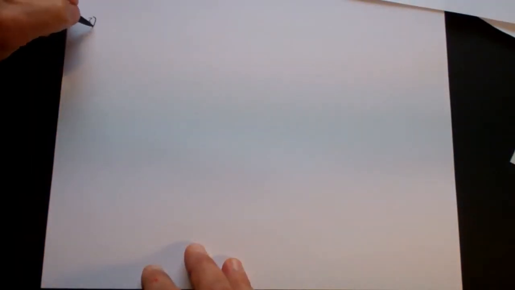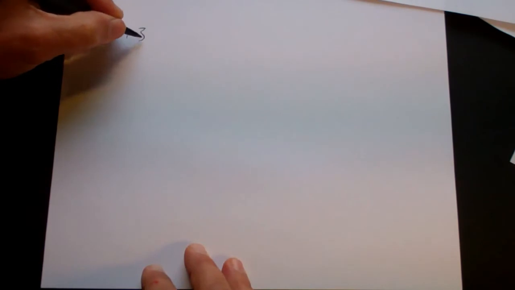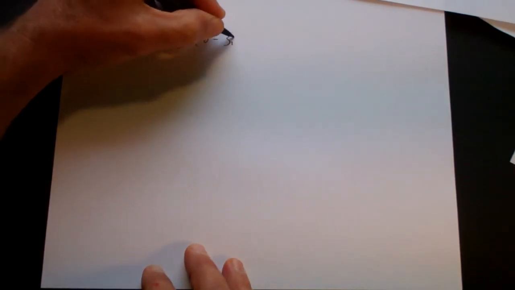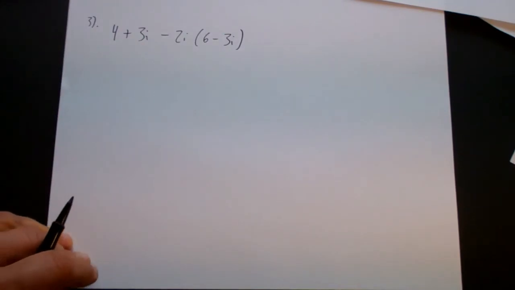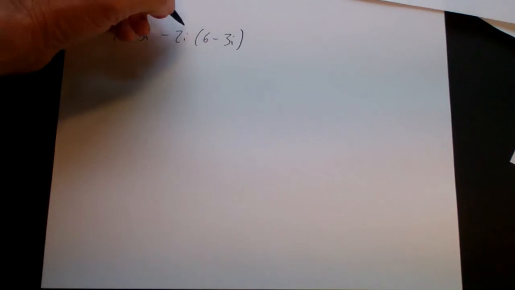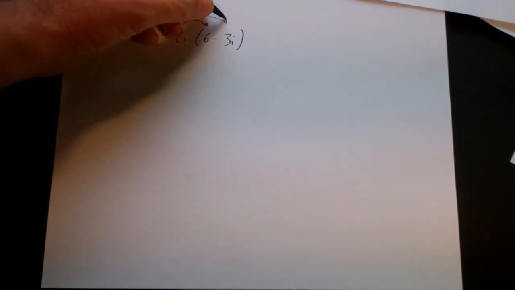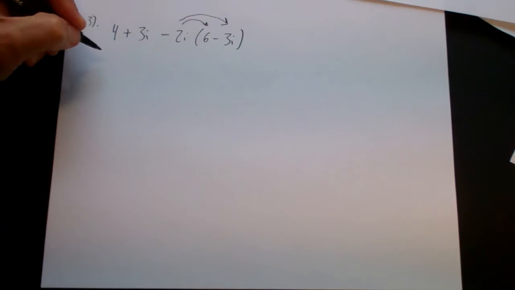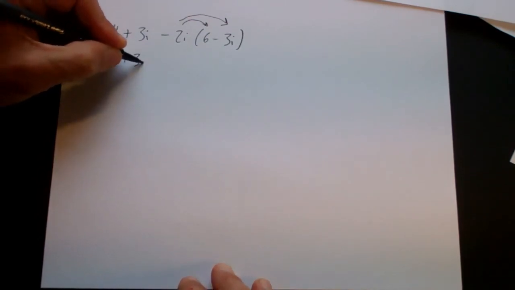The third problem, you have 4 plus 3i minus 2i times 6 minus 3i, which is a combination of adding and multiplying. The first thing you need to do is distribute the negative 2i. Again, the rule: pretend that the i is a variable until you get i to a power, and then you simplify that. So here you have 4 plus 3i.